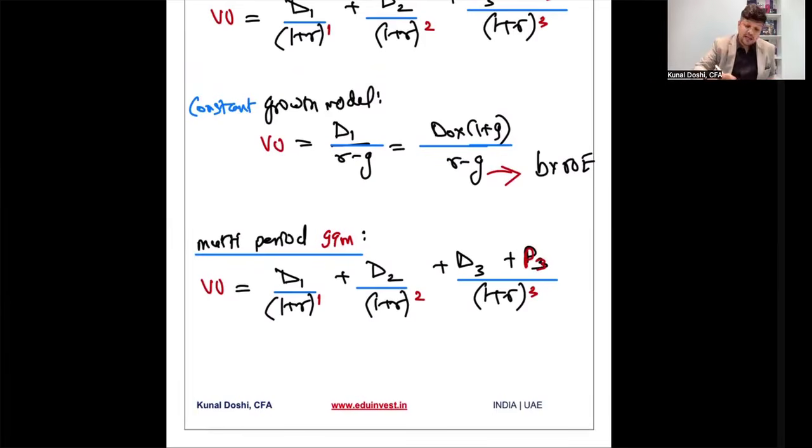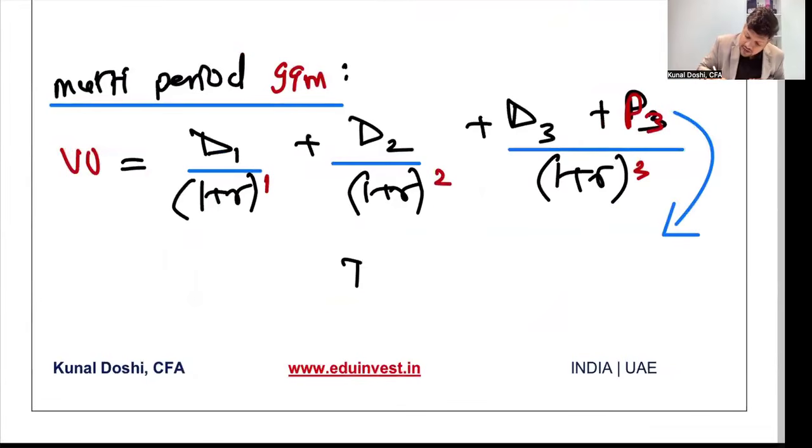The final period after which the company's stock will grow at a constant rate forever is called the terminal value. And everyone in the class, for deriving P3, you require D3, right? And how did you get D3?